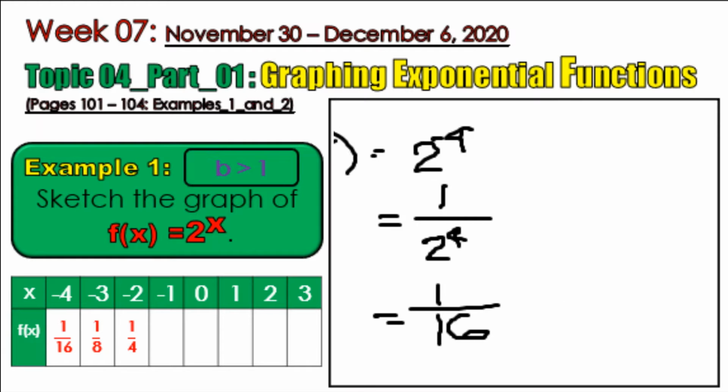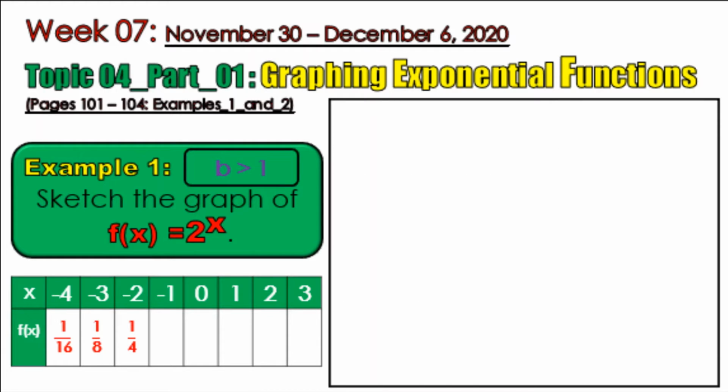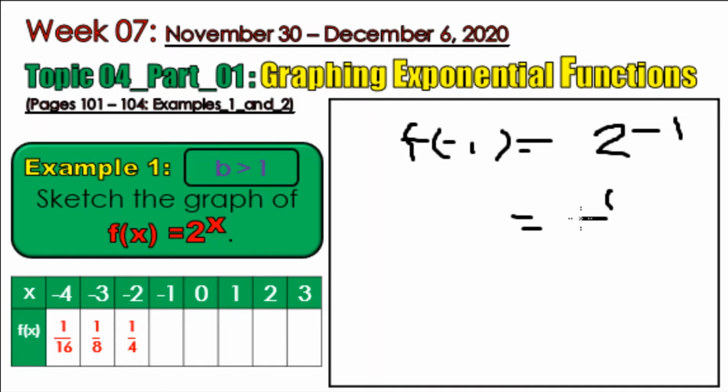Next, if our x is -1, f of -1 is equal to 2 raised to -1, so we have 1/2.